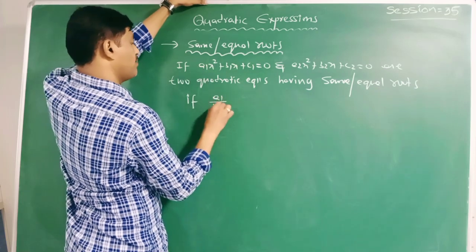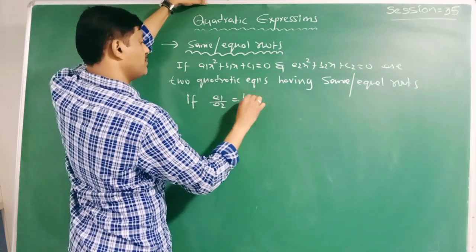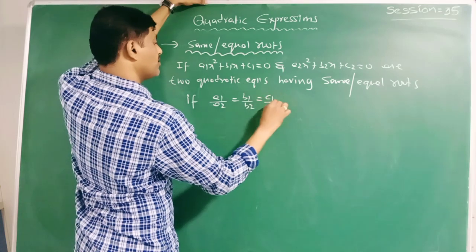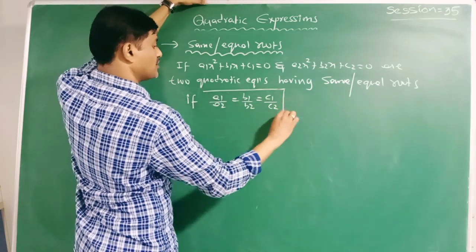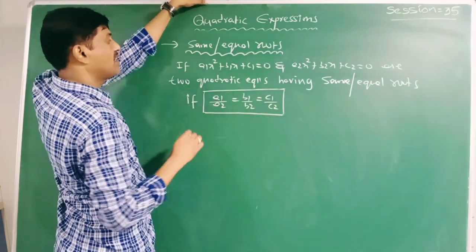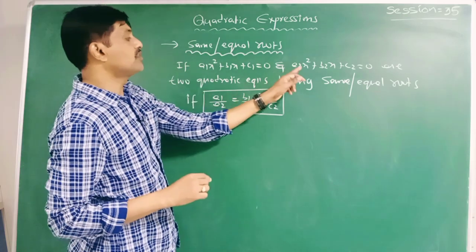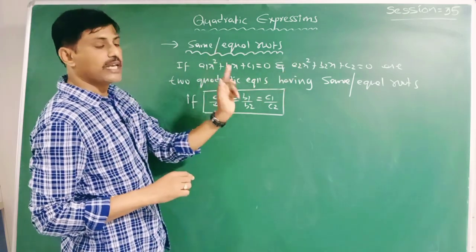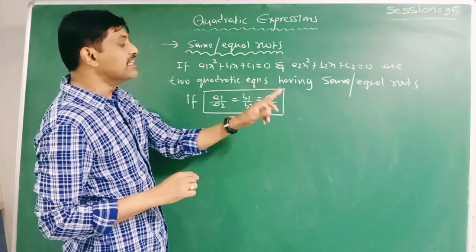If a1 by a2 is equal to b1 by b2 is equal to c1 by c2, now this is the condition for these two quadratic equations to have same or equal roots.